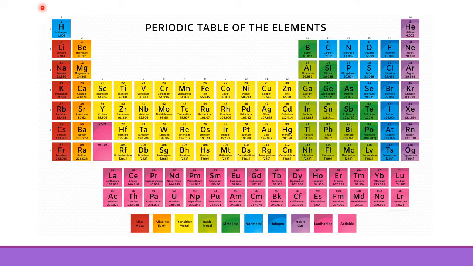Now this here is what we call the periodic table of the elements. This table consists of all of the substances and elements that scientists have discovered so far in the world. These make up everything that you see all around you, and they're color coded as well. Let's take this large chunk of yellow elements here.